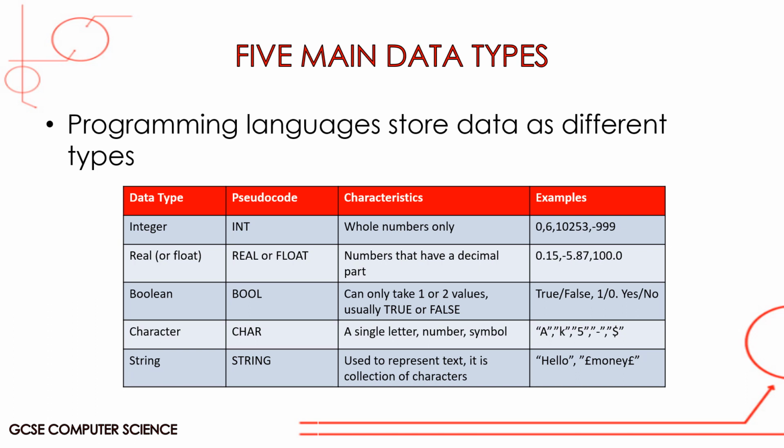An integer is a whole number, real or float is a decimal, Boolean is when something has 2 possible values, usually true or false. Character is one single letter, number or symbol, and a string is a group of characters.